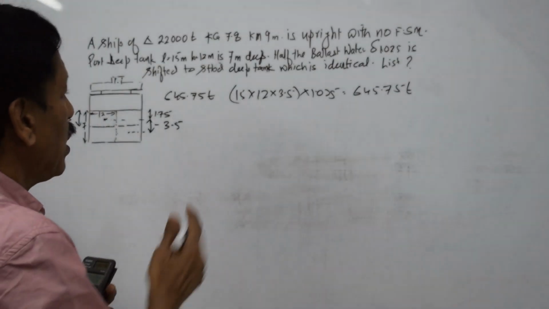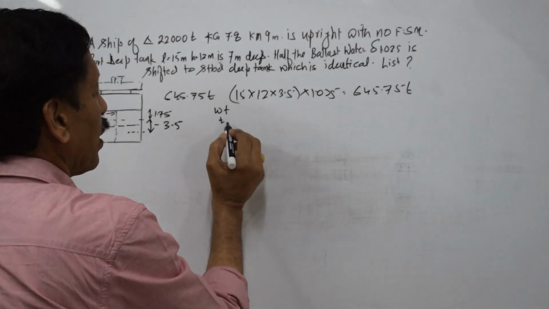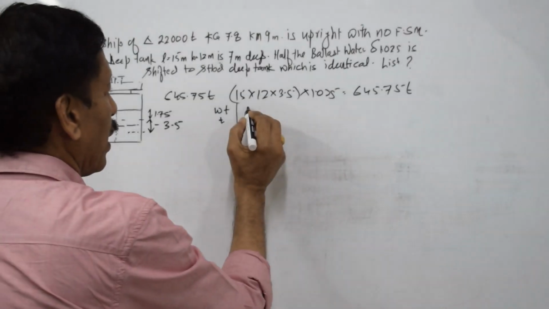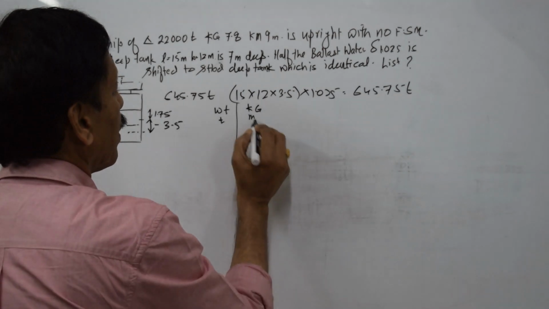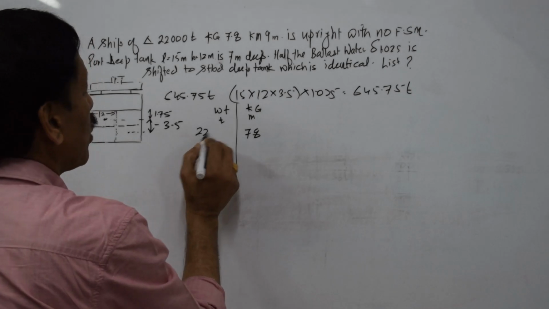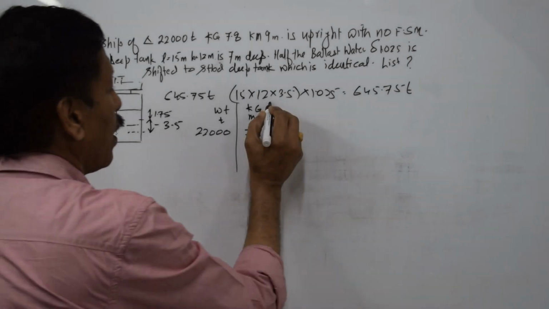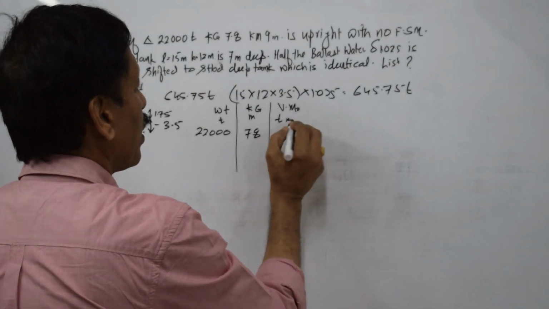So let us do the KG by moment calculations. The normal calculation: weights in tons, KG. KG of the ship is 7.8 meters. The displacement is 22,000 tons. Vertical moments in tons meter.